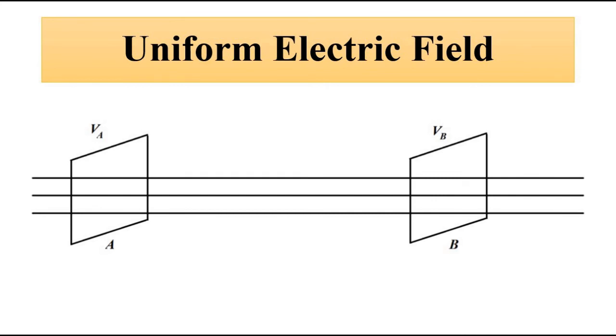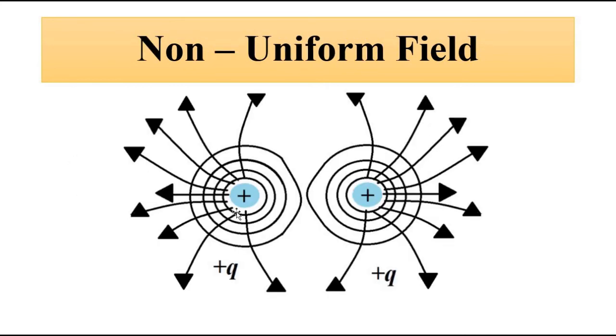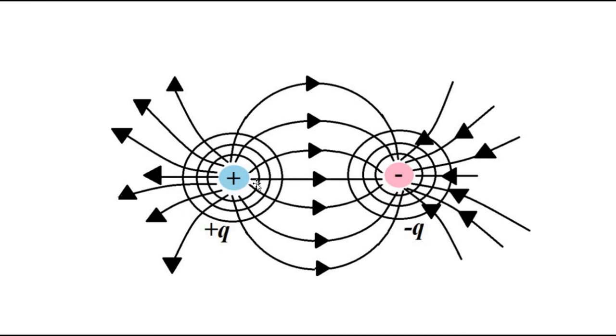Let's say we consider a non-uniform field. These are the electric field lines, and the equipotential surfaces will also be different. First we have this circular shape, and then slightly curved, irregular equipotential surfaces. This is because of a 2 charge system, 2 positive charges of the same value. In this case we have a 2 charge system where one is positive and one is negative, with the same magnitude.